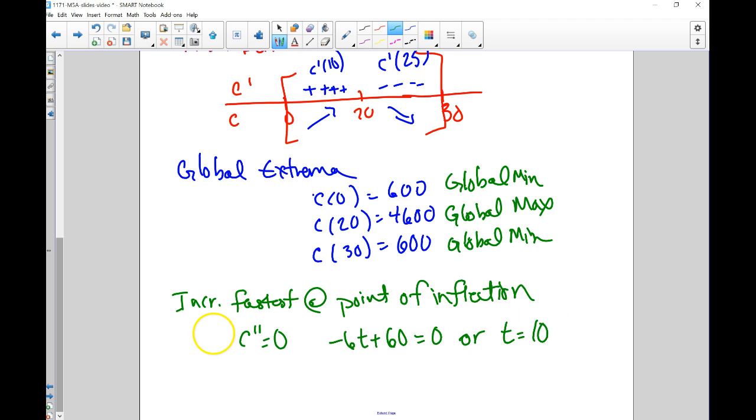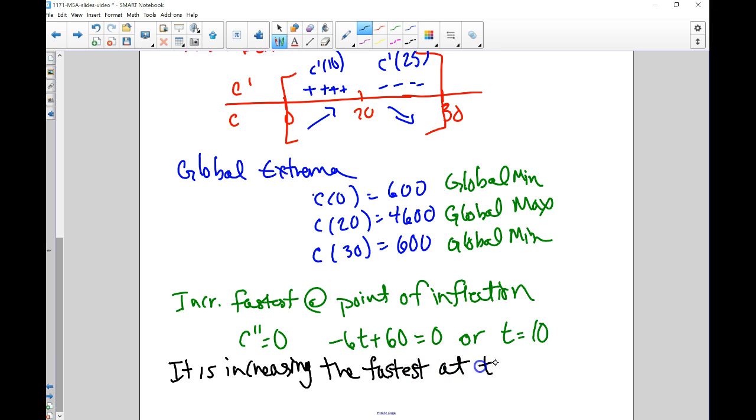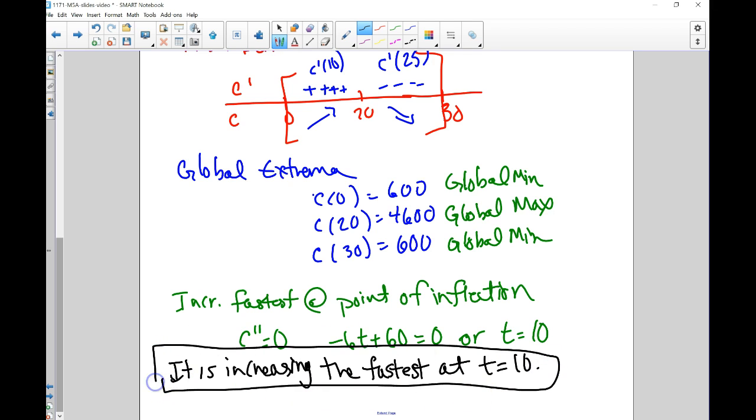Okay, so I would respond, it is increasing the fastest at t is equal to 10. And here we aren't given time units, but that would be sufficient. Okay, and so that's some examples of optimization and the second derivative test.